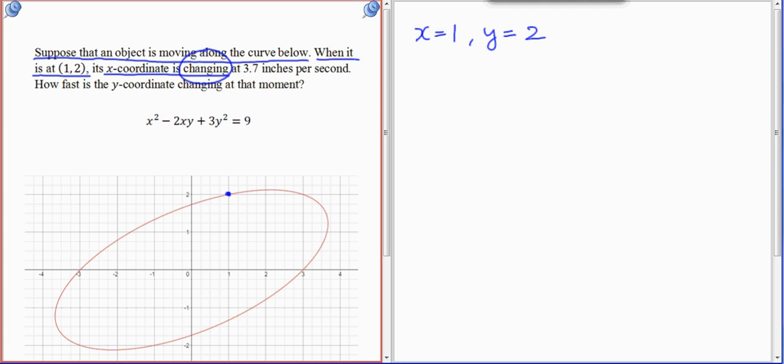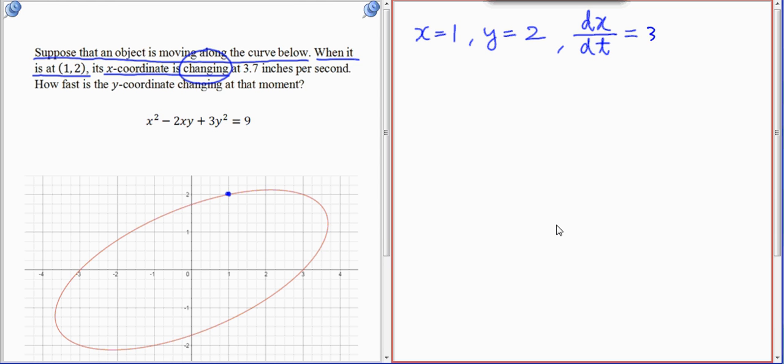And the rate of change of x with respect to time equals 3.7. Sometimes the unit will give you a little bit of a hint: inches per second. Second is the unit of time.